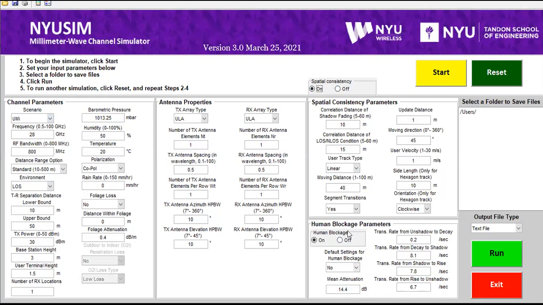Also for human blockage, this tool mostly focuses on cellular applications, although it probably doesn't say so explicitly. The consideration of the environment is exactly like what we have for a cellular environment.